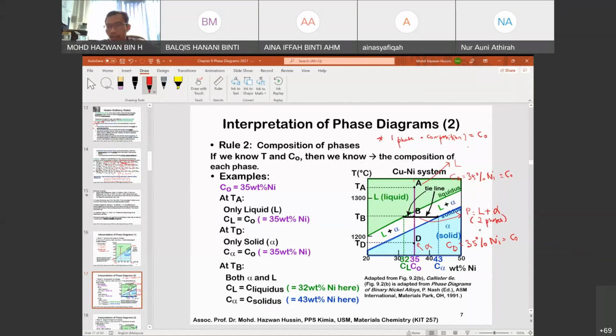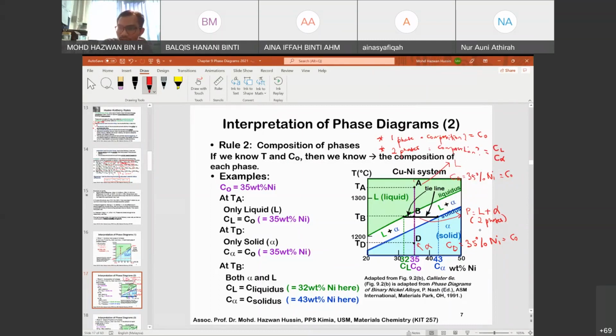Another thing you have to remember in this rule is that if you have two phases, the composition will be two compositions: C liquid and also C alpha.